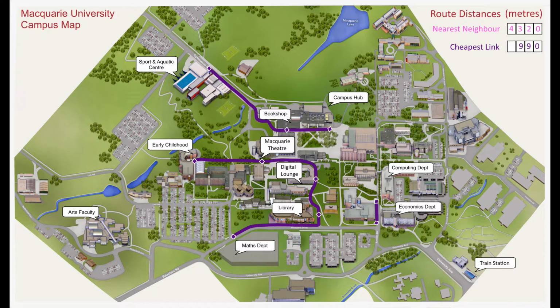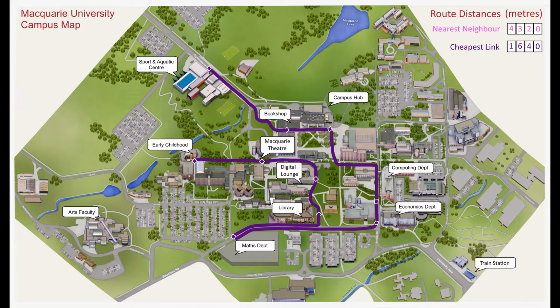The bookshop is now out of consideration. The campus hub and the computing department. Both of those are now out of consideration. The next shortest distance is between the Early Childhood Institute and the Maths Department, but this would create a cycle. So it is ruled out, and instead the route chosen is between the Maths Department and the Economics Department.